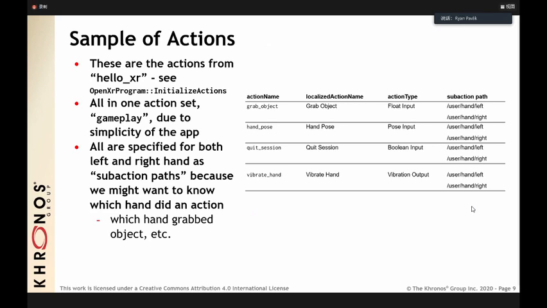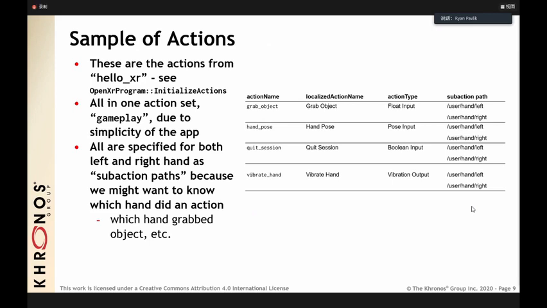Additionally, all of these actions are specified for both the left and right hands. This uses the concept of subaction paths. This lets the user both perform an action with either of two hands, but also let you know which one hand actually did it. It's similar to the SteamVR input concept of restrict to device, in case you're familiar with that.